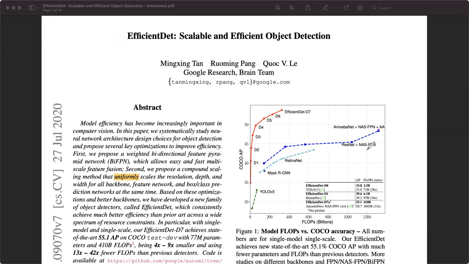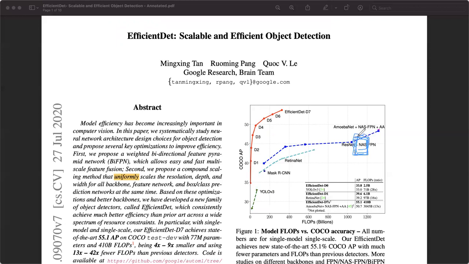I'm really surprised at NAS. NAS is neural architecture search, and it lies here because it searches for an architecture that also aims for efficiency.